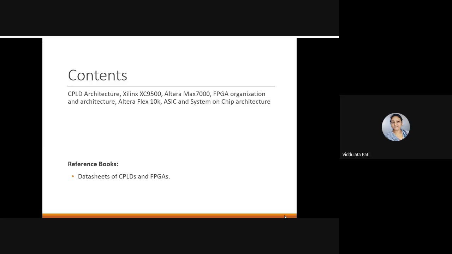Contents, that is CPLD architecture, then Xilinx XC9500, Altera Max 7000, FPGA organization and architecture, Altera Flex 10K, ASIC and system on chip architecture.